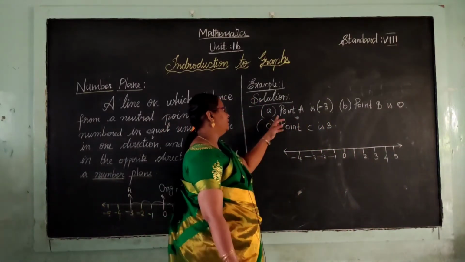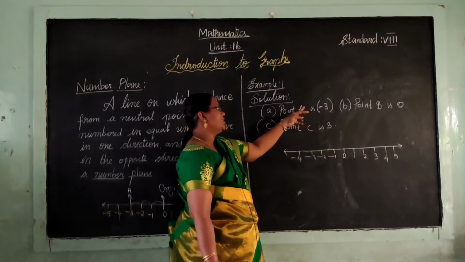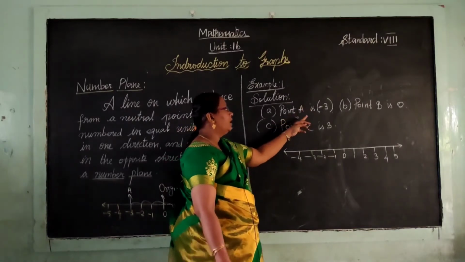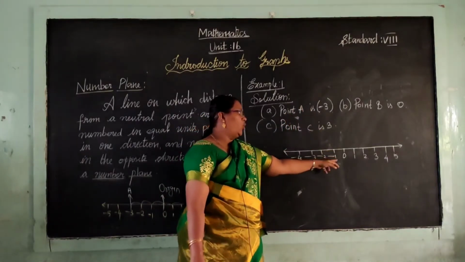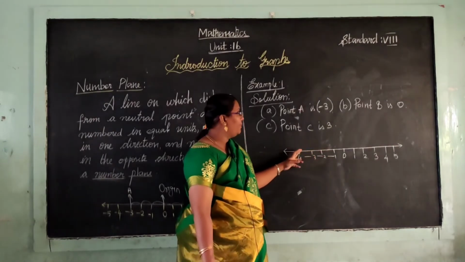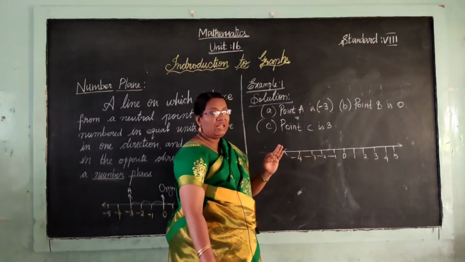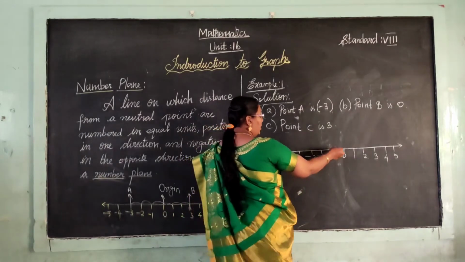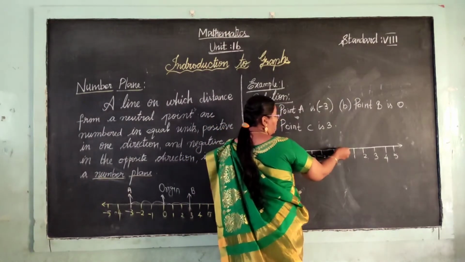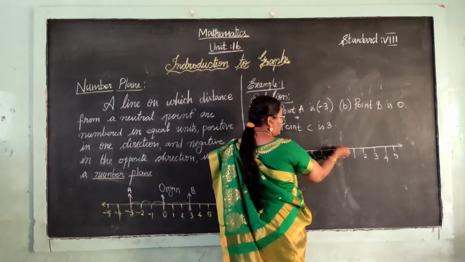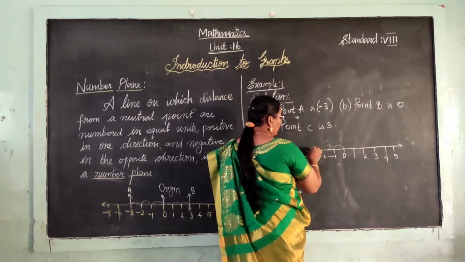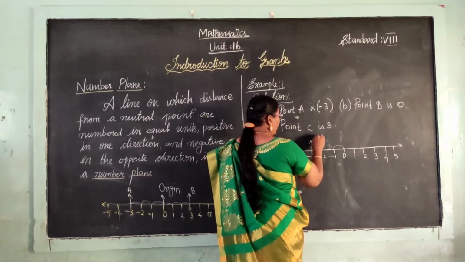Now plot. The point A is minus 3. So left side from the origin. So how many places we have to move? 3 units from the origin to the left side. Okay, so 1, 2, 3. So this is A.